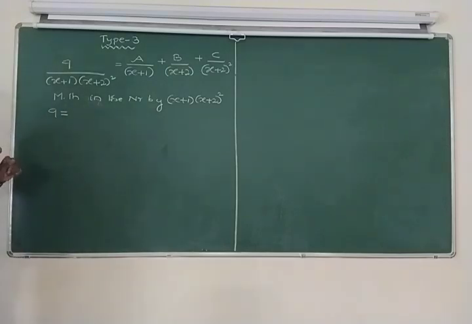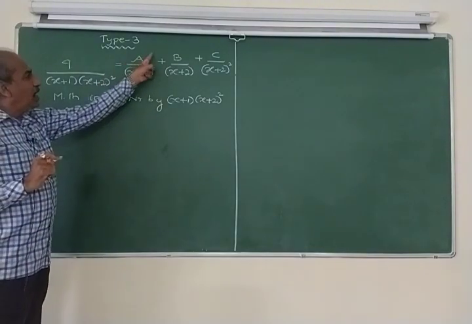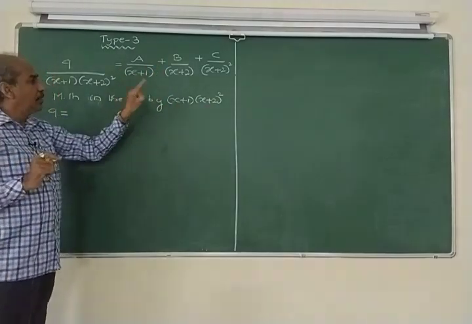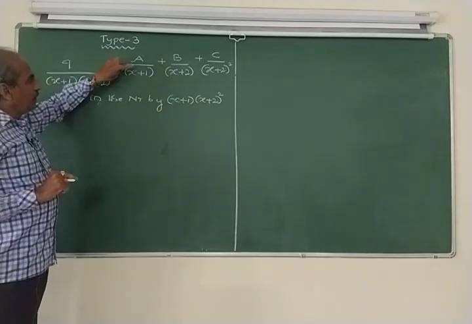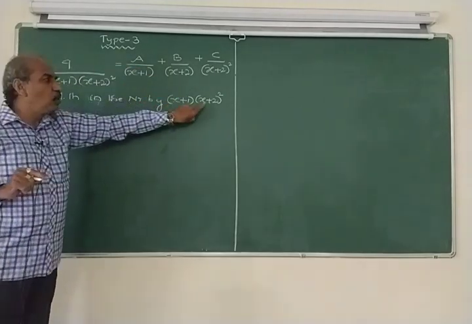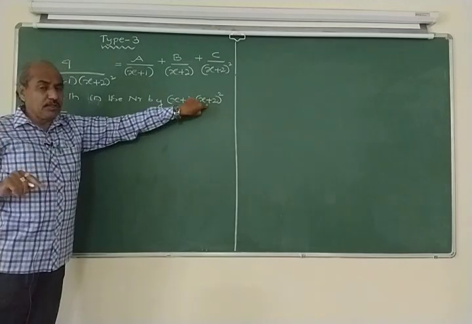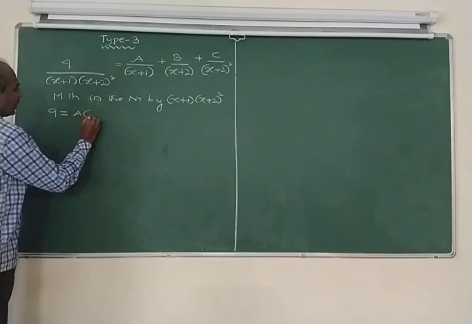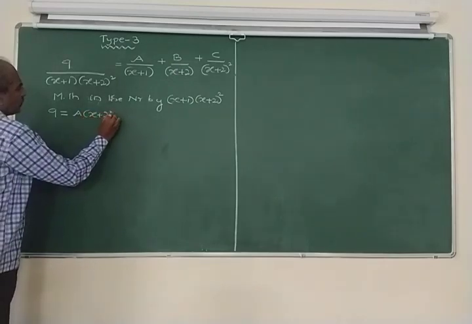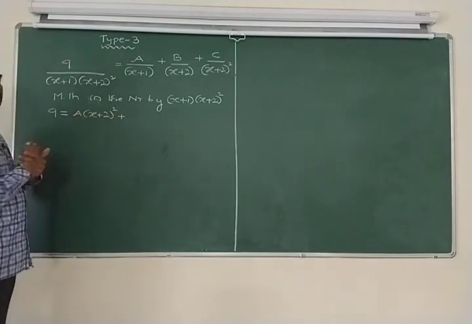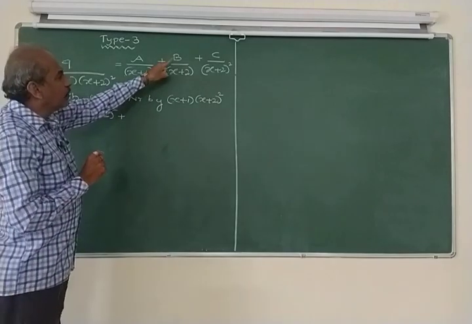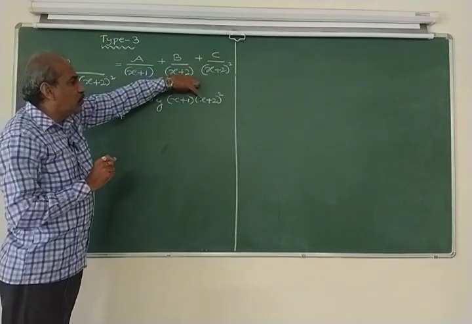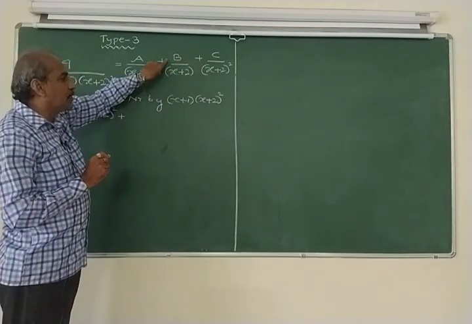9 is equal to, when you multiply on the right hand side by this term in the numerator, x plus 1 will go. What is left now? x plus 2 the whole square. Therefore, it is A times x plus 2 the whole square, plus, here you see B by x plus 2 is there, it is multiplied by x plus 1 into x plus 2 the whole square in the numerator.